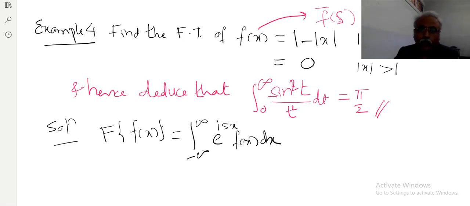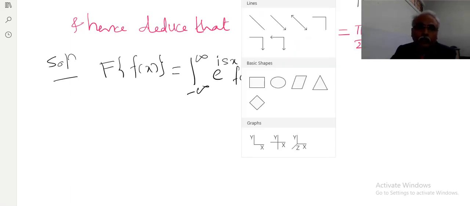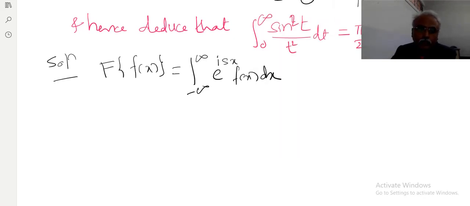Now before I write the values of f of x, let me try to draw this function. So I'll take x axis, y axis. This is our y axis. Let me take x axis.